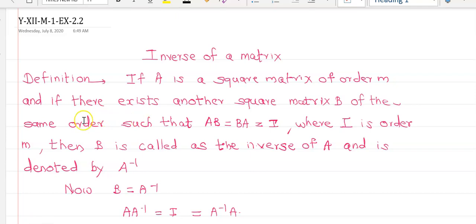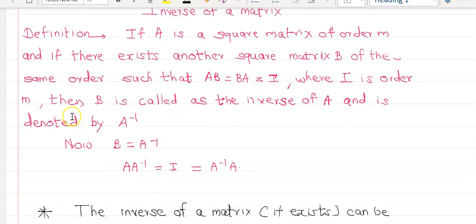Now see this. Definition: if A is a square matrix of order m and there exists another square matrix B of the same order such that AB equals BA equals I, where I is the identity matrix of order m, then B is called the inverse of A and is denoted by A inverse.